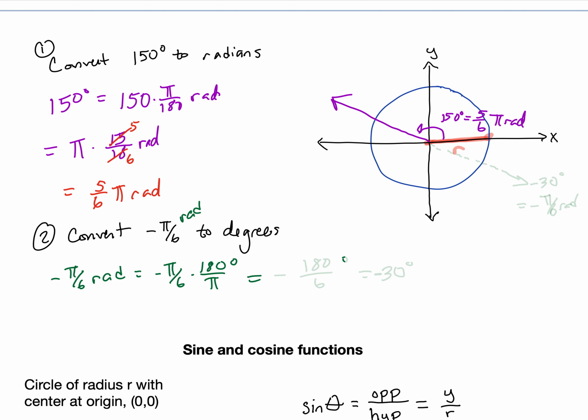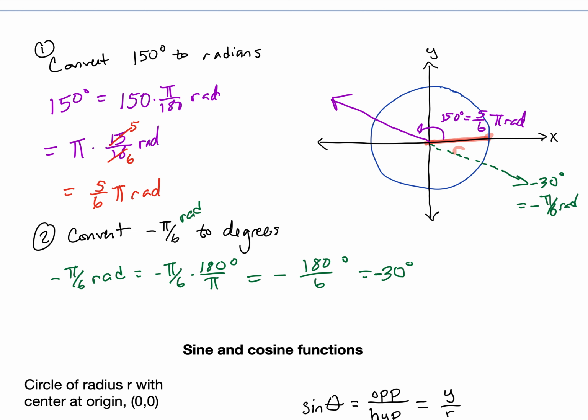And so the pi's cancel out. I'm left with negative 180 over 6 degrees, and dividing gives me negative 30 degrees. So negative 30 degrees, that's about there. Negative 30 degrees is the same as negative pi over 6 radians.